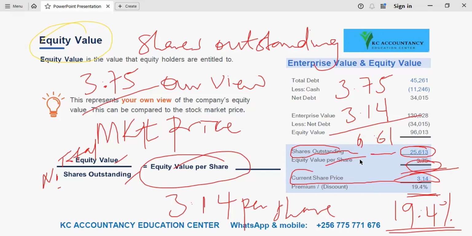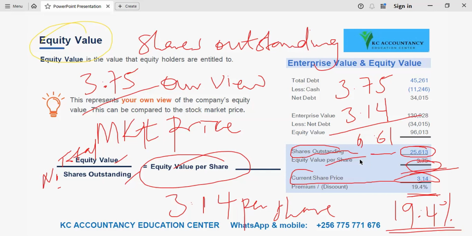Meaning we valued our company and found that our shares are worth 3.75, but when you go to the market, they are buying those same shares at 3.14. So we overstated our value by 61 cents, meaning our value is higher than the market value.